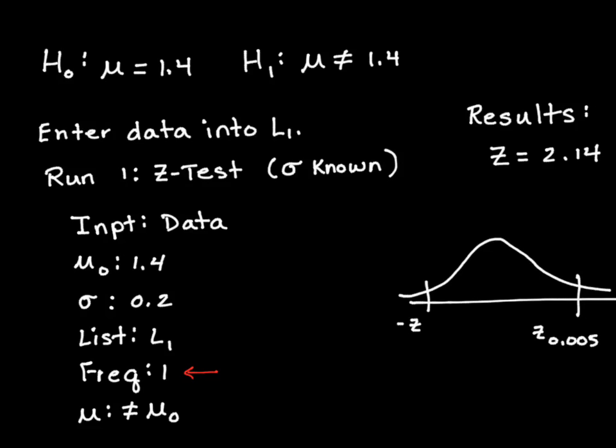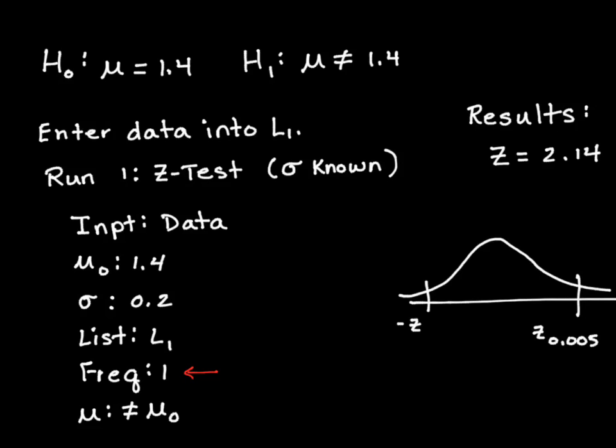And then your alternative hypothesis is that mu is not equal to mu0, because our alternative hypothesis was a two-tailed test. So when I choose calculate or draw, my result is that the test statistic is z equals 2.14. Since it's a z-test, our test statistic is going to be z equals whatever.